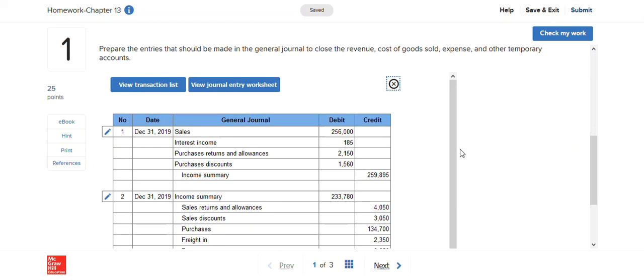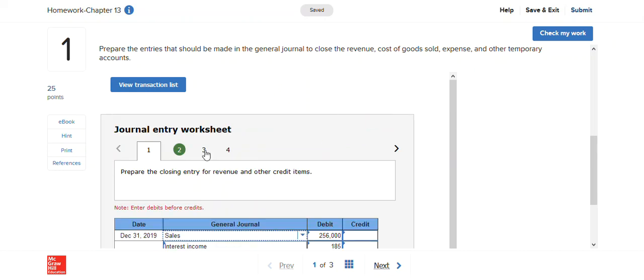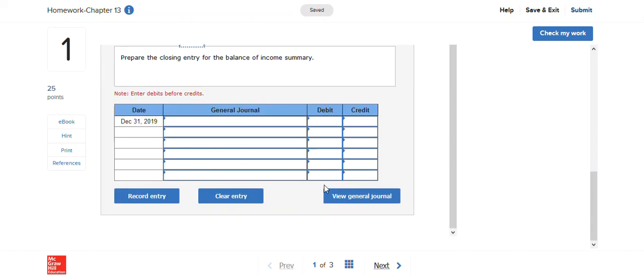So give me just a second to add and subtract those. And I think if I did my math right, which seems to be a little bit iffy today, I get a credit balance in my income summary of $29,415.